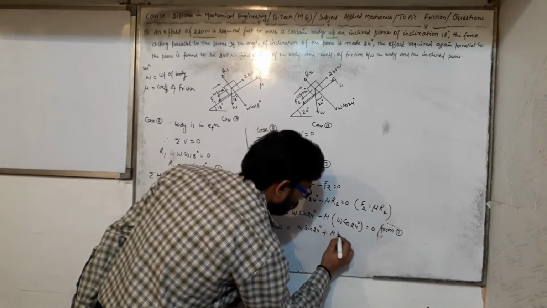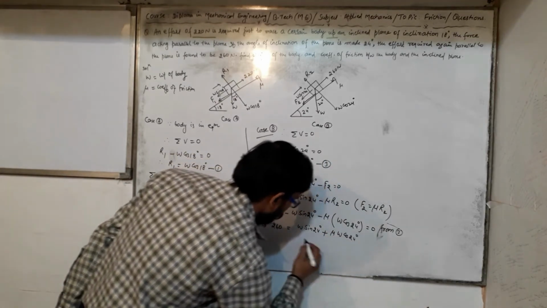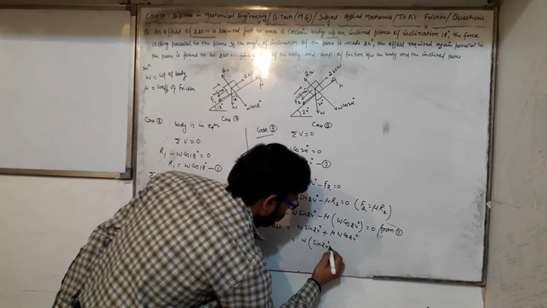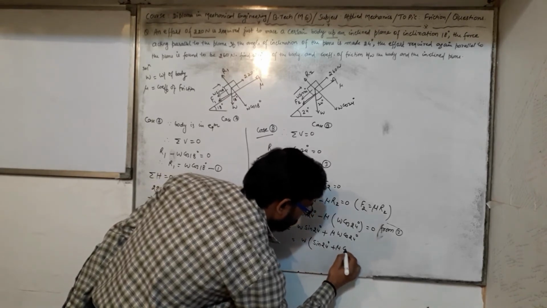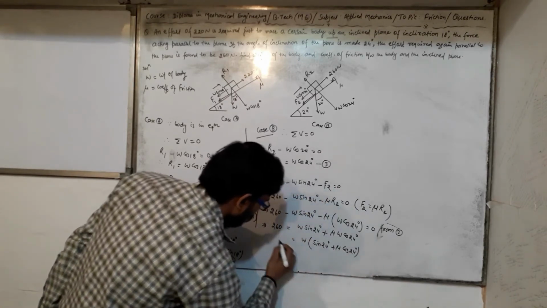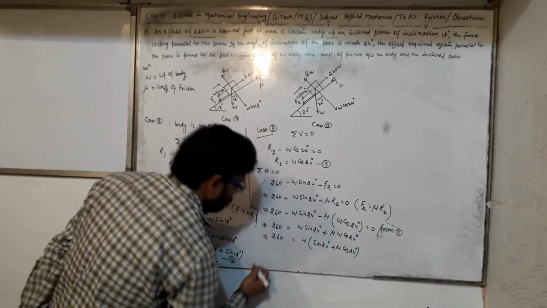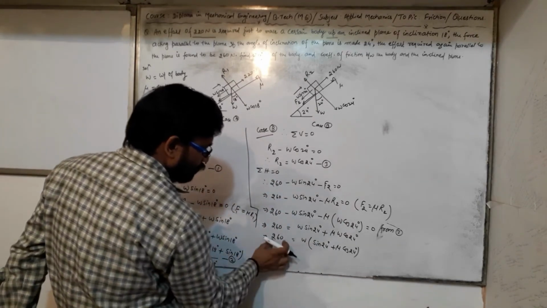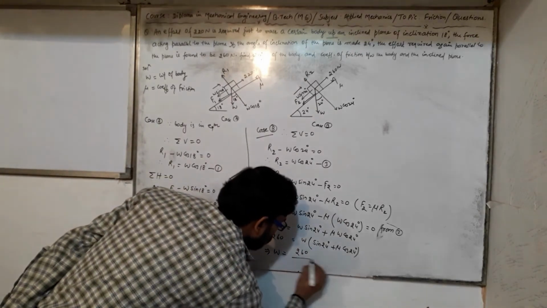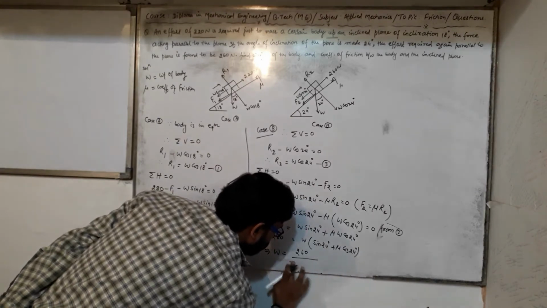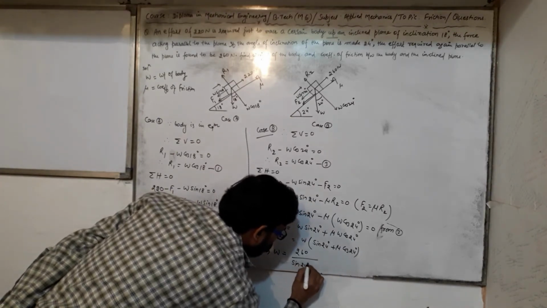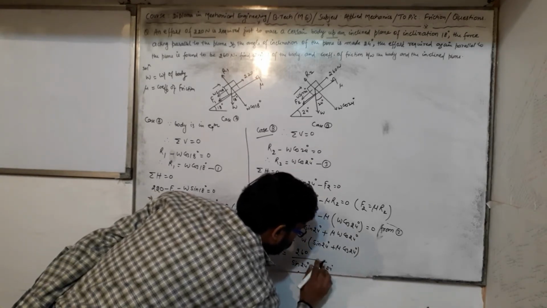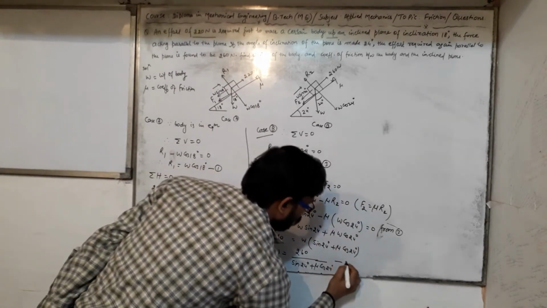If I take W common, then sin 24 degree plus mu cos 24 degree times W is 260. So W equals 260 divided by sin 24 degree plus mu cos 24 degree. Let us call it equation number 4.